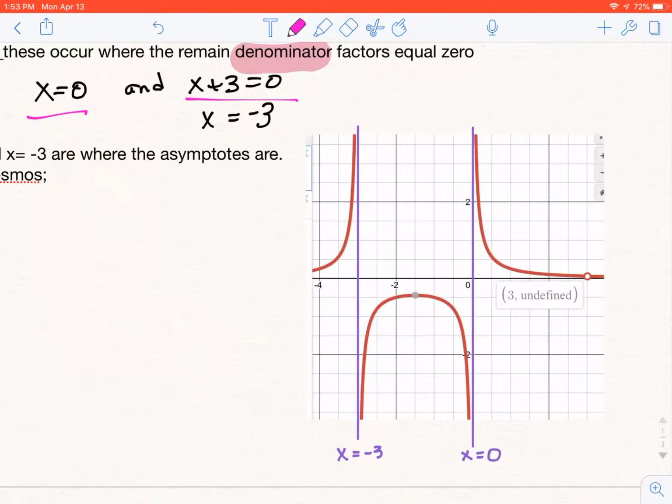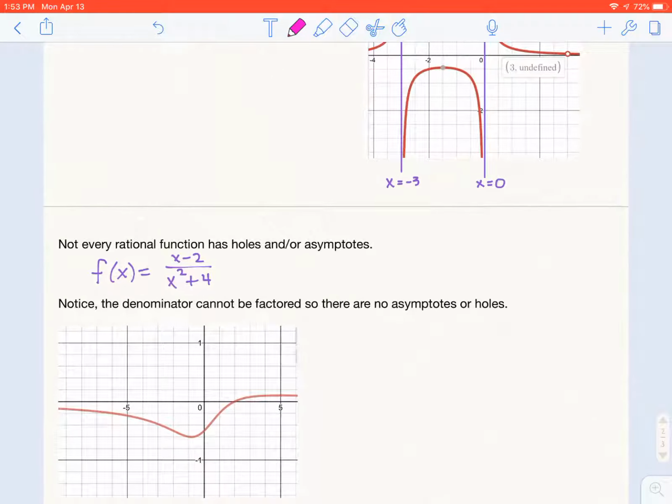So I thought that was kind of cool. And then I drew in the x equals 0 vertical line and the x equals negative 3 vertical line. And notice my graph is not touching. It's getting close to, but it doesn't touch. So those are my asymptotes. So I have vertical asymptotes. We'll talk about horizontal asymptotes in another video, but we have vertical asymptotes there.